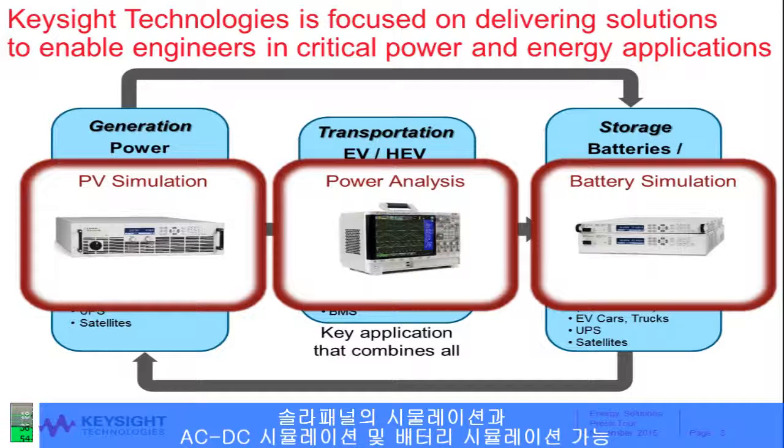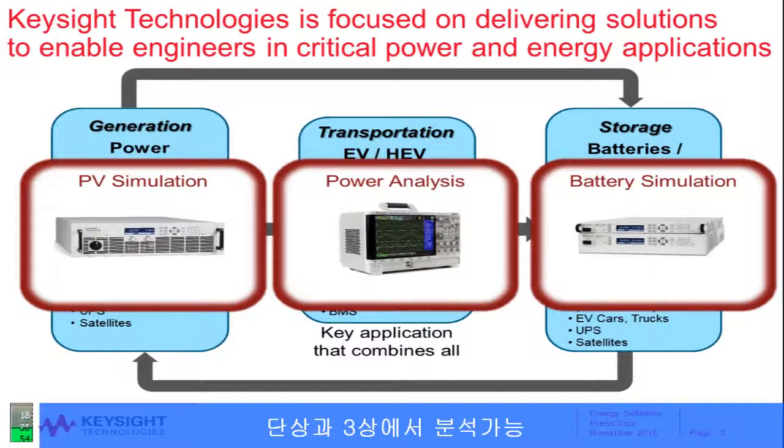I'm going to share an example in storage technologies around a battery simulator, again, to help engineers who are building conversion technology to make better use of the batteries. But most importantly, I'm going to talk about the power analyzer, which really cuts across all of these different areas, because if you're simulating generation and you're simulating storage, at some point you need to measure the efficiency, and that's where the power analyzer comes in.